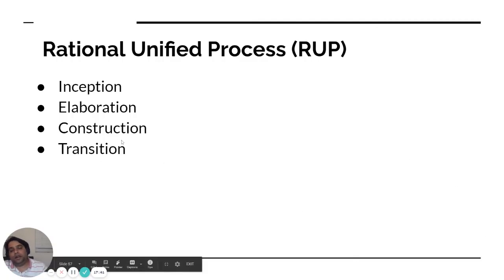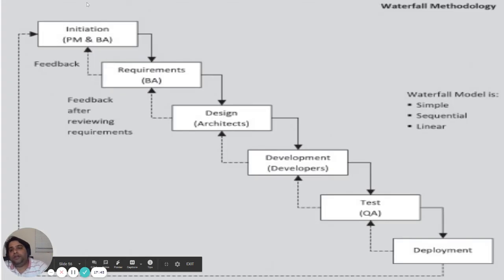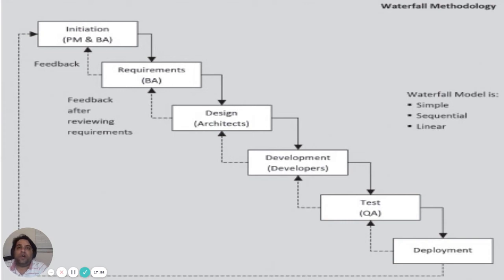Right. In the initial phase, you will do an initial meeting or session. Then there will be a meeting where whatever document is prepared, everybody reviews and agrees upon. After that, requirements are gathered, and there is feedback as well.